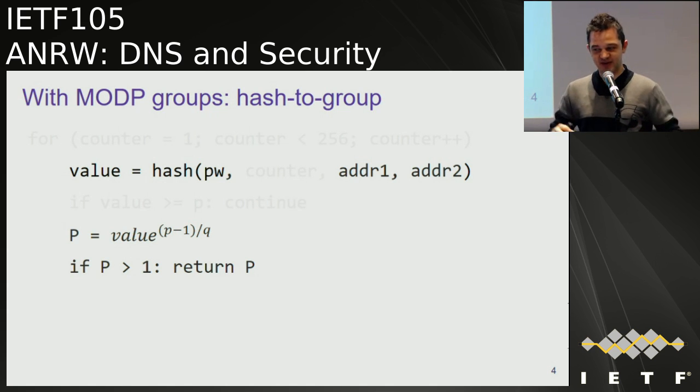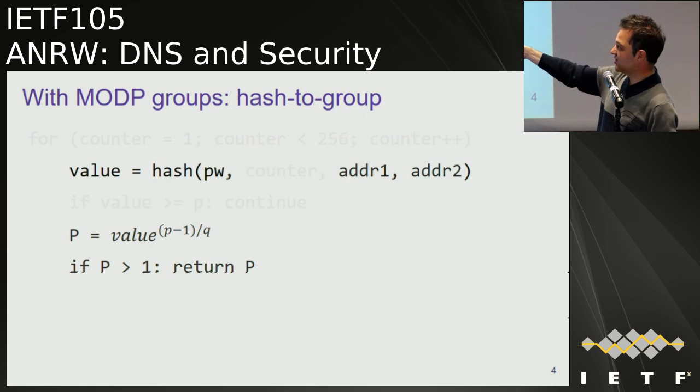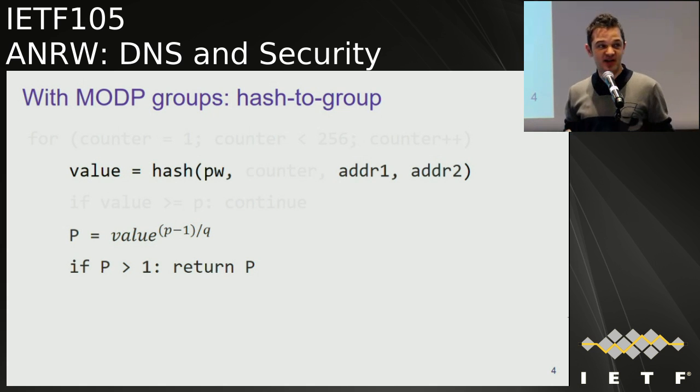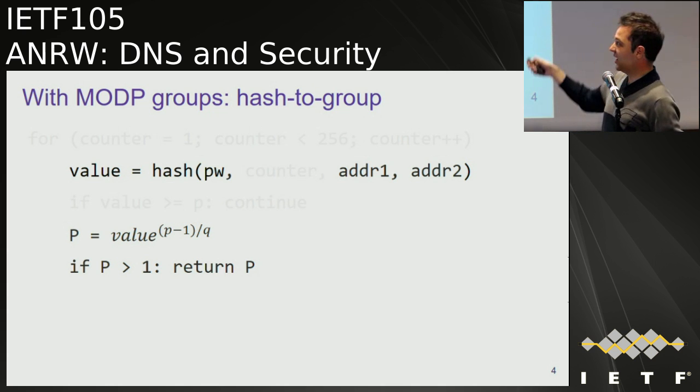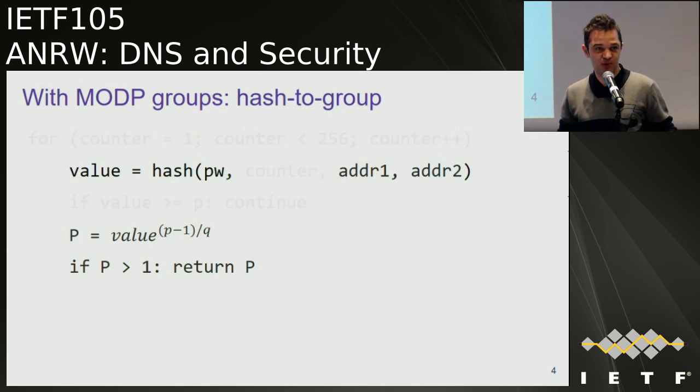An intuitive and a little bit naive way to convert the password into a group element is to simply take the hash of the password. In the case of Wi-Fi, we also combine it with the MAC addresses of the client and the server. In other words, we include the identities of the peers. We then take the output of that hash value.